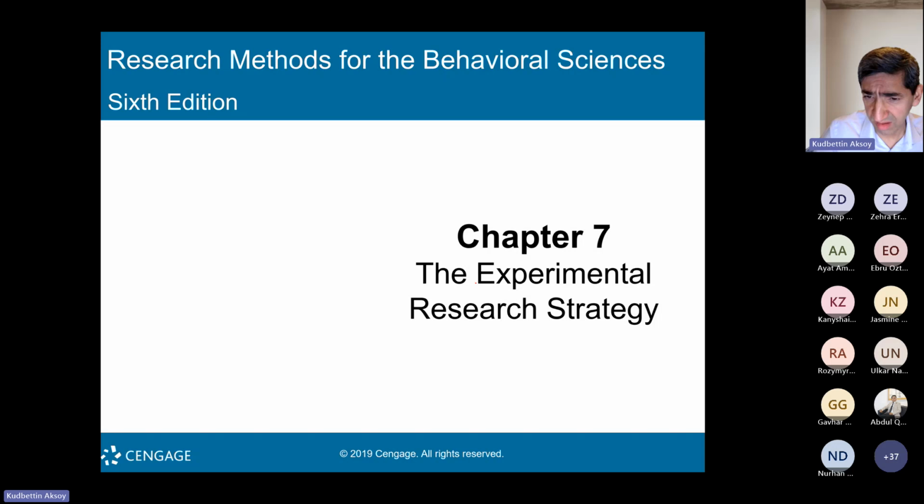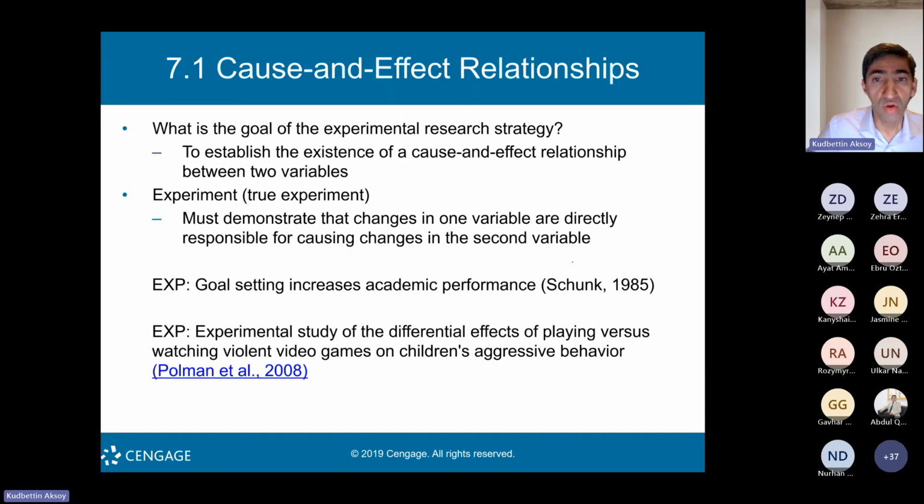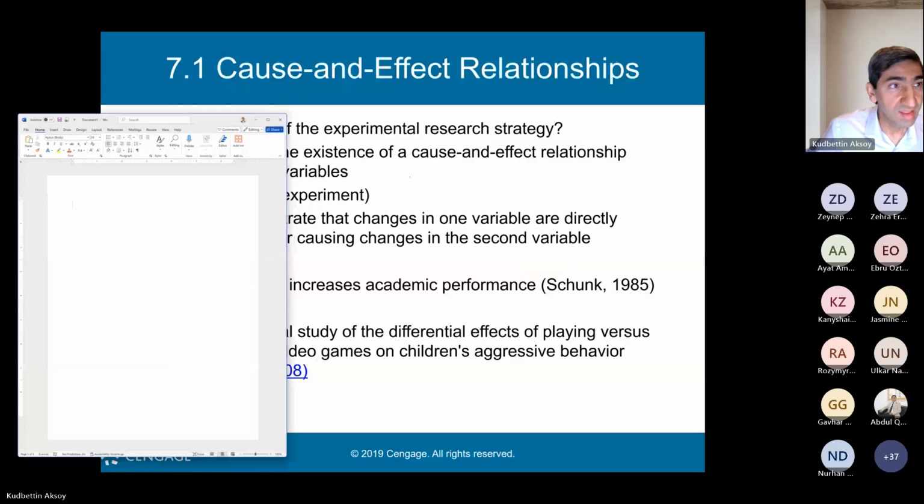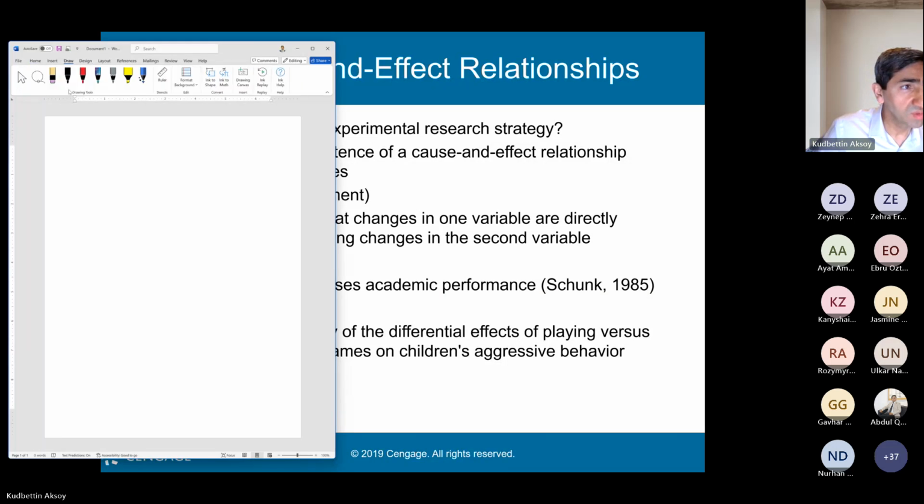The word experimental is crucial here. The goal of experimental research strategy is to establish a cause and effect relationship, causality. When you want to establish that A causes B, what it means is B takes place as a function of A. When A goes up, B changes.